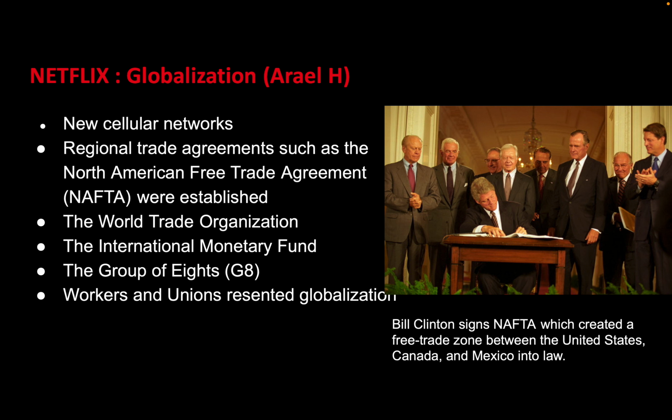Now, globalization. New cellular networks and regional trade agreements such as the North American Free Trade Agreement, NAFTA, were established, along with the World Trade Organization, the International Monetary Fund, and the Group of Eight.